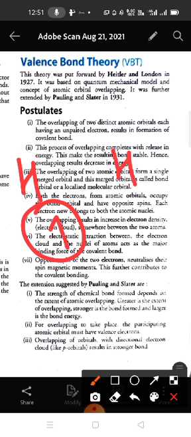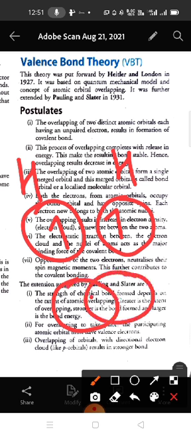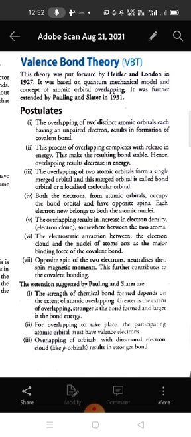Another H also has one unpaired electron. Now they will overlap together, and in this way they will form a covalent bond because they share their unpaired electrons with each other.